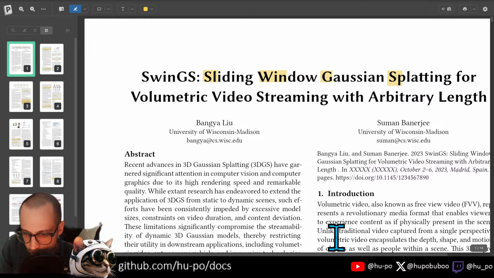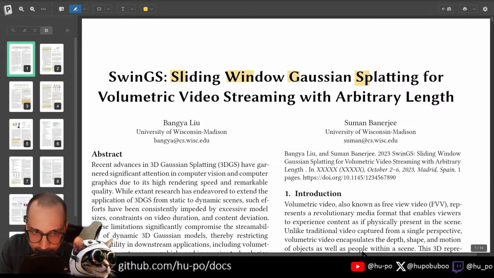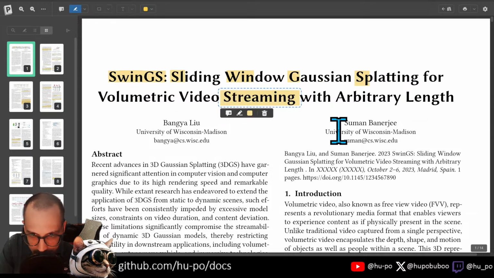Okay, so why is this paper relevant to robotics at all? Well, this paper, SWIN-GS, which stands for Sliding Window Gaussian Splatting, so S stands for sliding, WIN stands for window, and GS stands for Gaussian splatting, is about streaming. So how do you stream the scene information to some other computer?